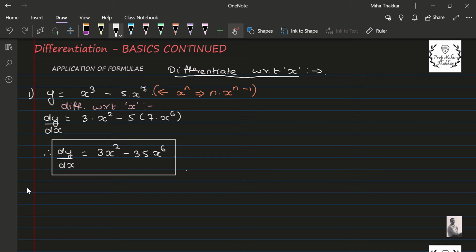Let us see the second sum. If I have y is equal to x to the power 7 by 5 minus 2 into x raised to 3 by 4 plus e raised to x.